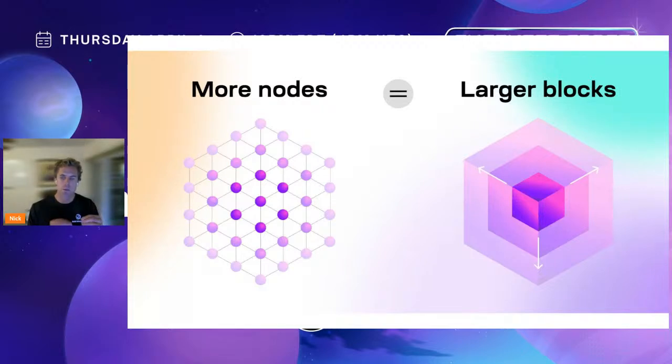If you don't have enough people sampling, then it's possible for the block producer to trick a bunch of light nodes into thinking the data is available when it's not. So you need a minimum number of light nodes such that they sample enough of the block data to recover the original block. That's why, as long as there are enough light nodes in the network, you can securely increase the block size without losing the verifiability property.